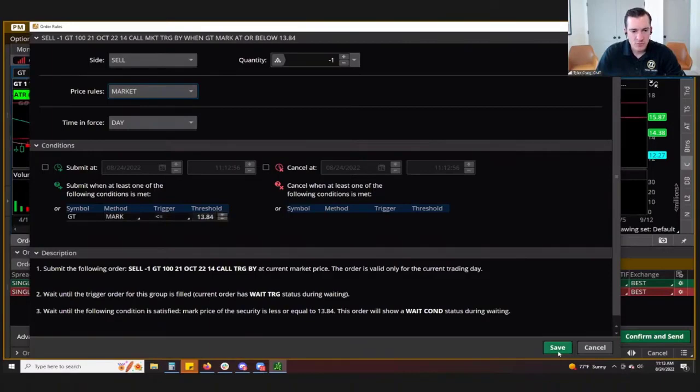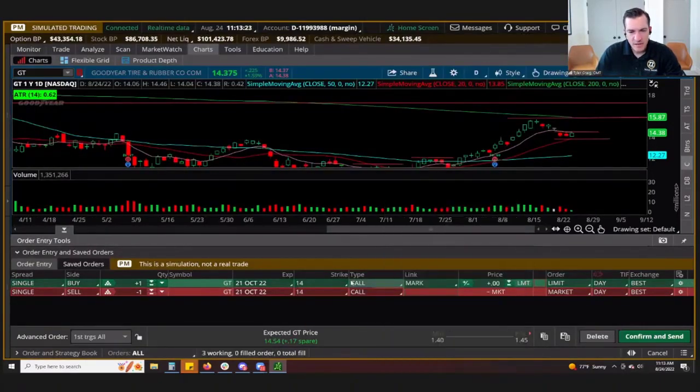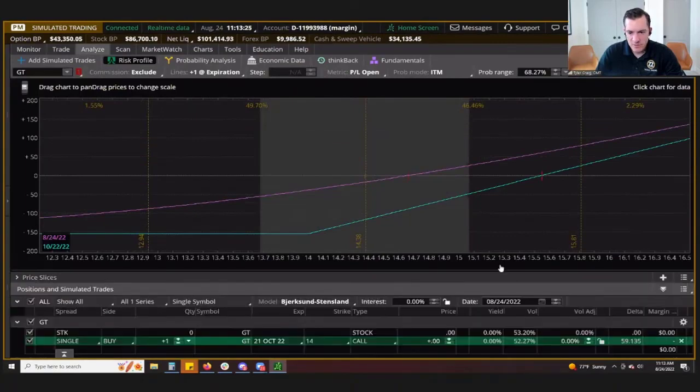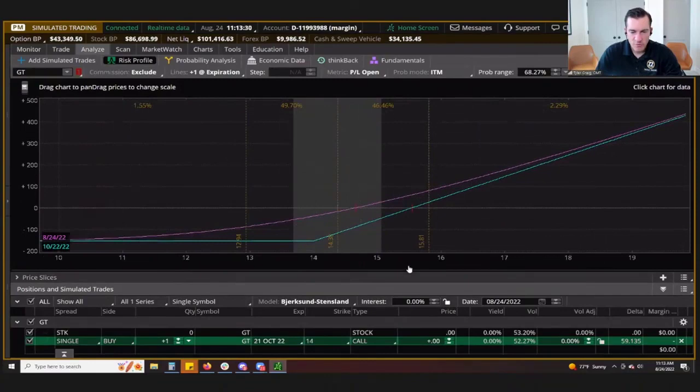How much am I going to lose? I've got to analyze it. Right click on the buy order, analyze the trade. It's going to pop open the risk graph. This is what the long call risk and reward profile looks like.